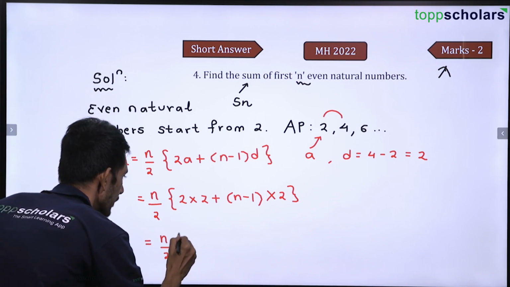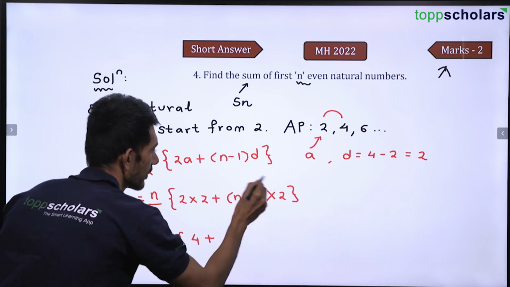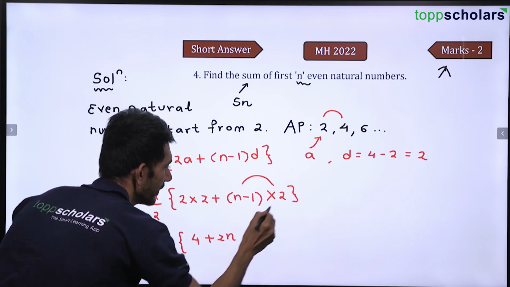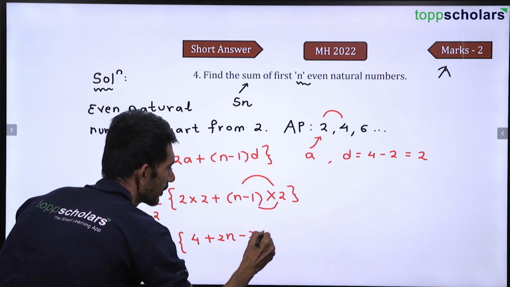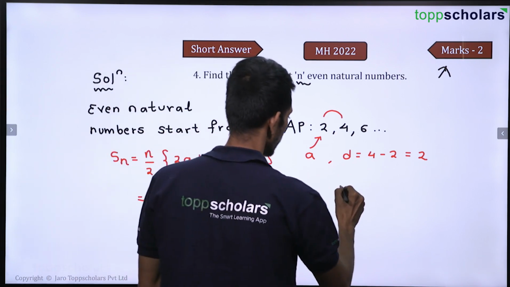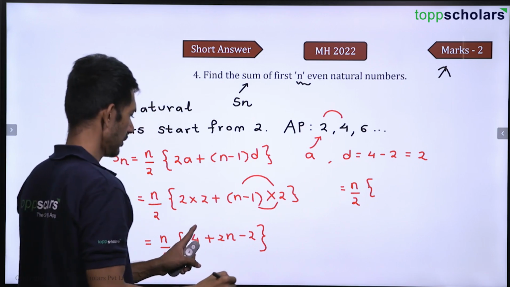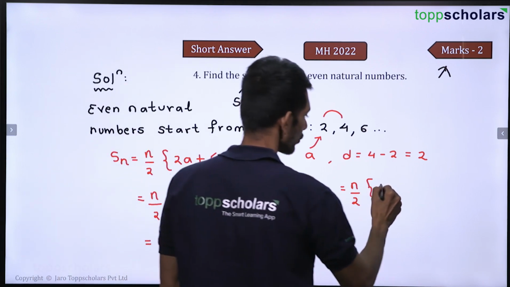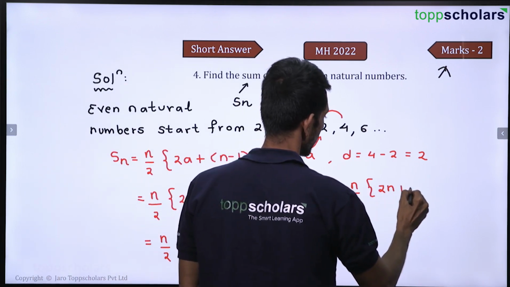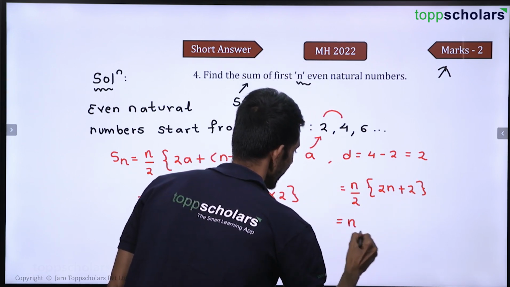That is n by 2, 2 into 2 is 4 plus 2n minus 2. So this you solve further. You get n by 2, 4 minus 2 is 2, so you get 2n plus 2. And then you get n by 2.